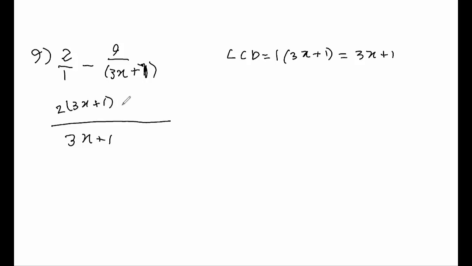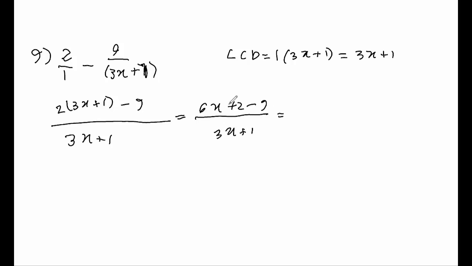And then minus 9, since the minus 9 has 3x plus 1 in the denominator, we just write minus 9. Now we want to expand this top part, so we end up with 6x plus 2 minus 9 all over 3x plus 1.